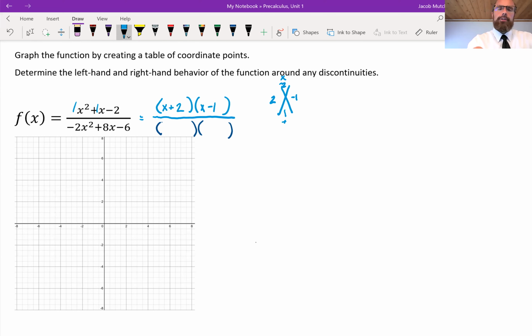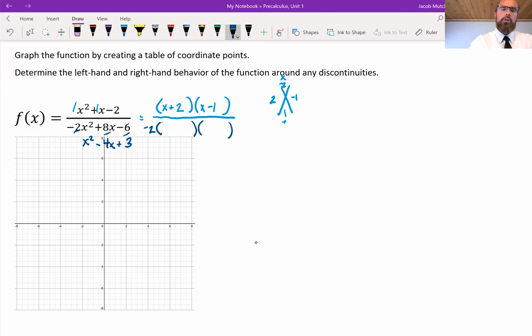Let's do the same for the denominator. Before we do all that, I see that I have a 2, really a -2, that is divisible out of each of the terms. 2, 8, and 6 are all divisible by 2. So I'm going to factor out, in fact, -2. And what that leaves us is x squared plus, I'm factoring out a negative, so this is going to switch all the signs, so minus 4x plus 3.